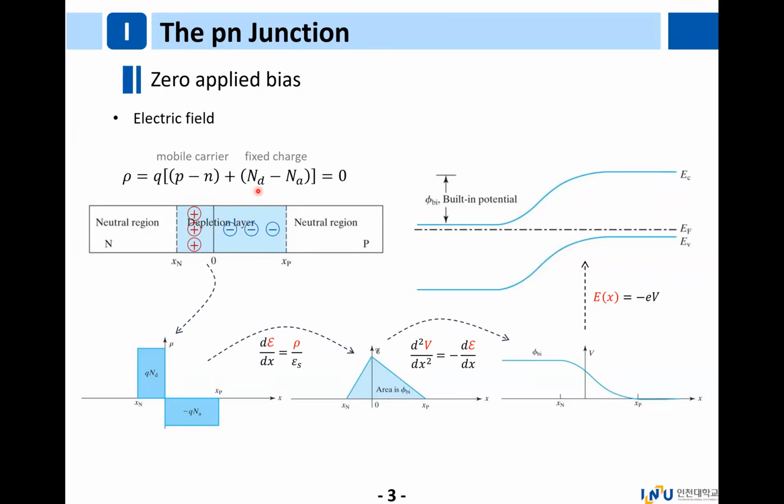If, when combining all positive and negative charged entities, the charge density becomes zero, we refer to that region as the neutral region, and it satisfies the charge neutrality condition.